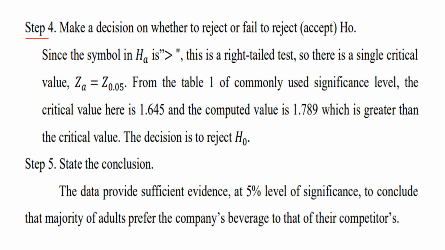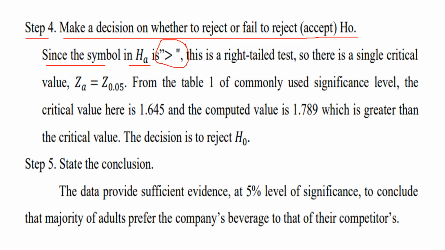So for step number 4, make a decision on whether to reject or fail to reject your null hypothesis. Since the symbol in HA is greater than, a while ago I said that if we're going to decide if that is a right or left tail test, it will be dependent on the sign that we use on your alternative hypothesis.